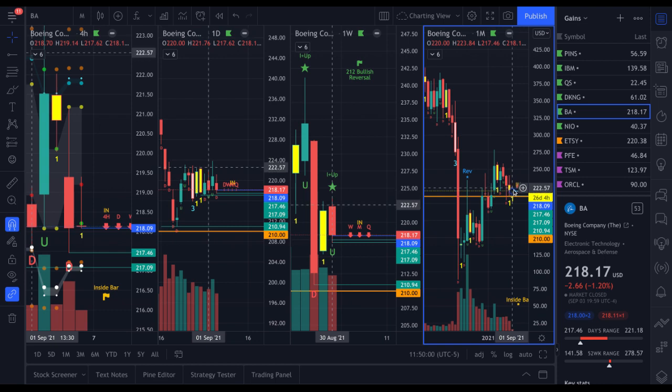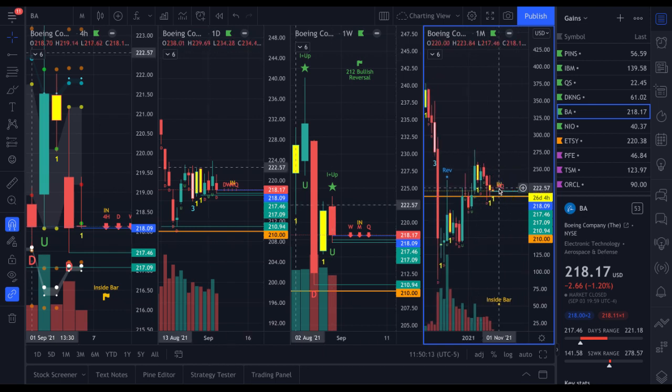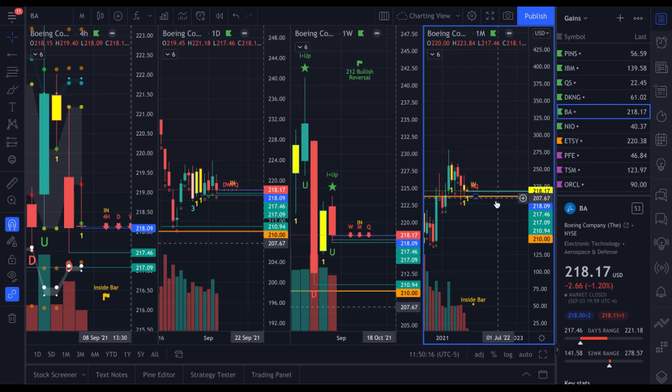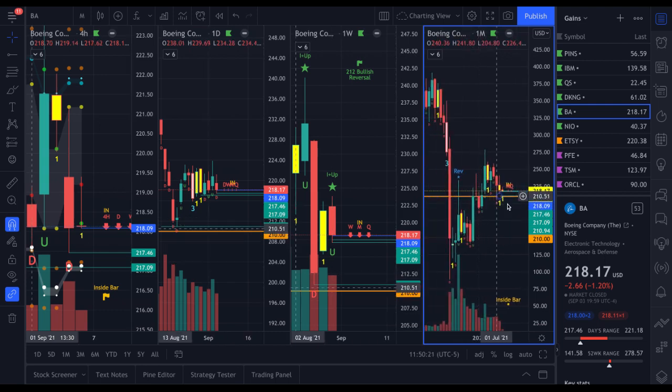So we might drop back down to a support level around here, or go back up to a support level around here. But ultimately, I'm looking at the 210 strike, which is this orange line right here. And that would be around the support level here, dropping, and then potentially going up again, going down further. I don't know. But just wanted to give the overall story of Boeing and kind of point out its struggle to recover to pre-pandemic levels.